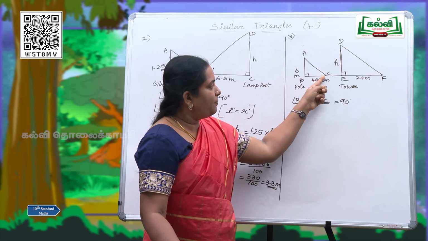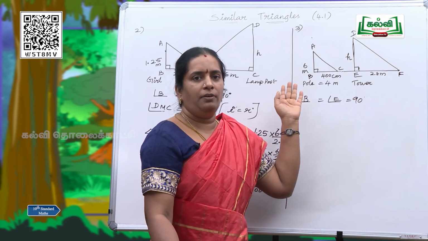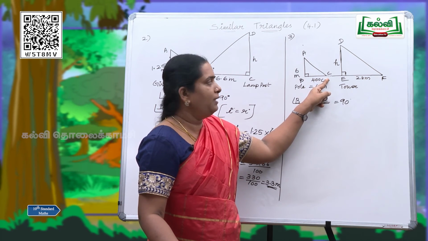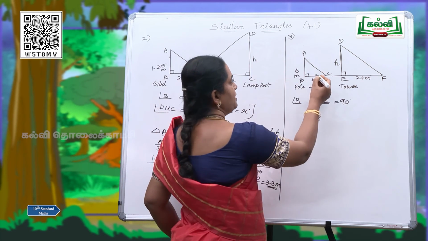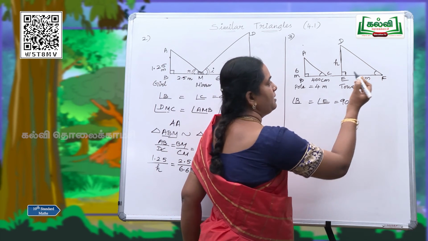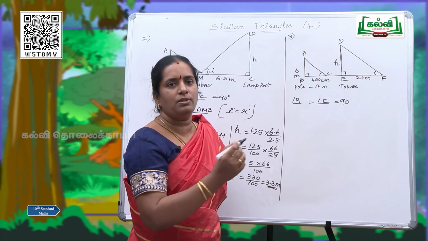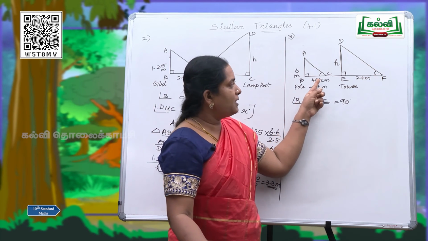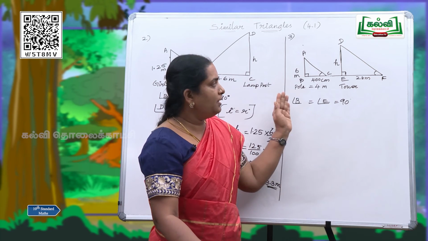If you observe C and F, they are the angle of inclination of the sunlight. From this point, the angle of inclination of the sunlight is C, and the angle of inclination at this point is F. So at the same time the shadows are observed. At the same instant we have same angles of incidence for places which are nearby.